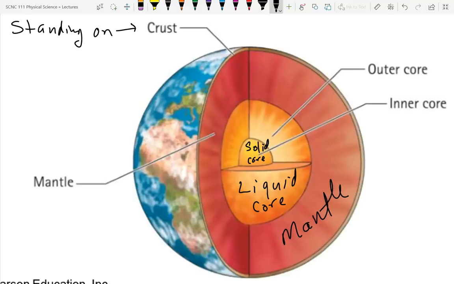Remember, we talked about convection. You see a lot of things we learned in physics have already come up. Some things we learned in chemistry have already come up. The convection, along with that swirling, creates magnetic fields. And so the Earth's magnetic field, what we call the magnetosphere, is the result of this liquid core going around.